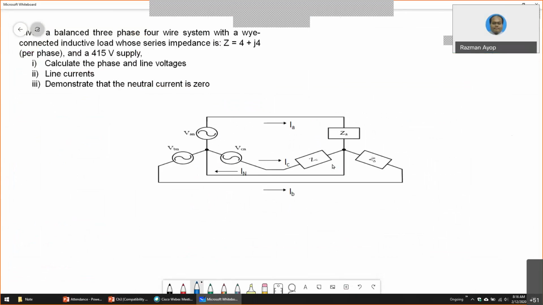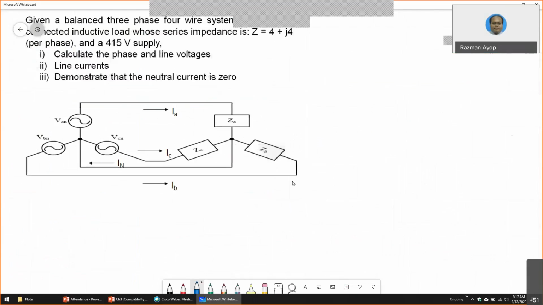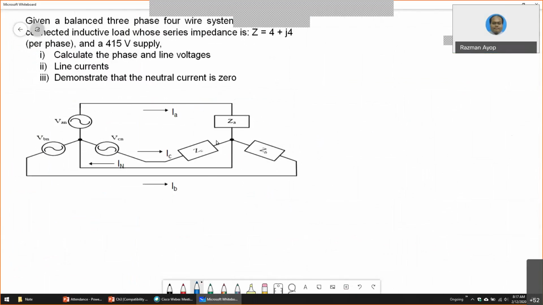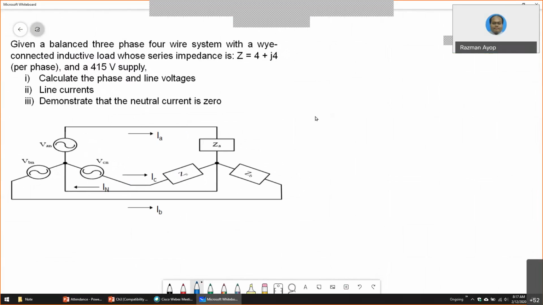When you answer your test or exam, make sure you draw the system again. Calculate the phase current, phase and line voltage.